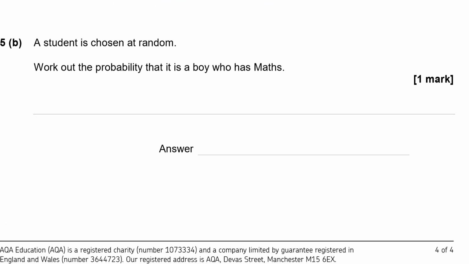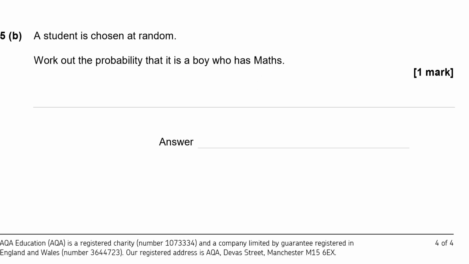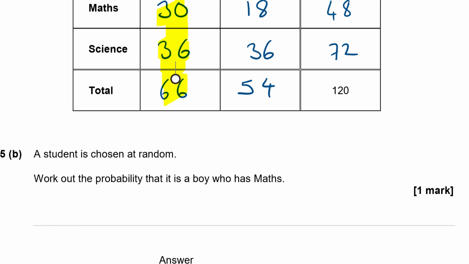It says, because we haven't actually done any probability yet, a student is chosen at random. Finally, one marker which is about probability, rest about number. Work out the probability that it's a boy who has maths. So again, the probability of any event is equal to successful outcomes divided by total outcomes.